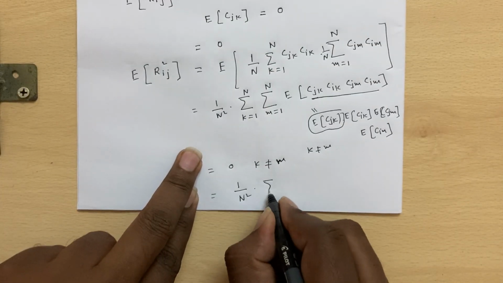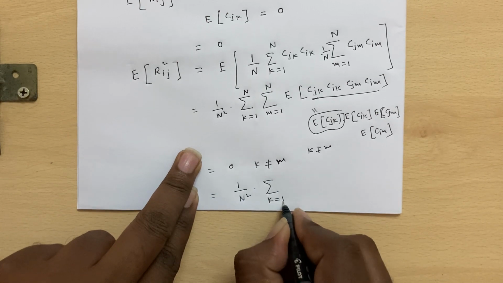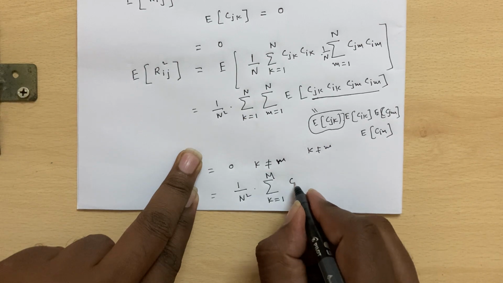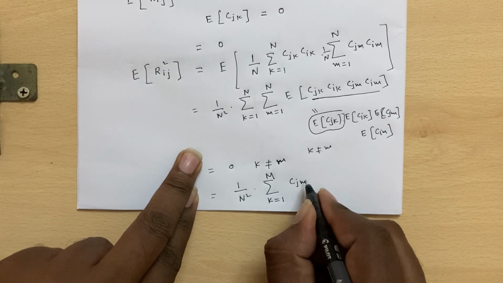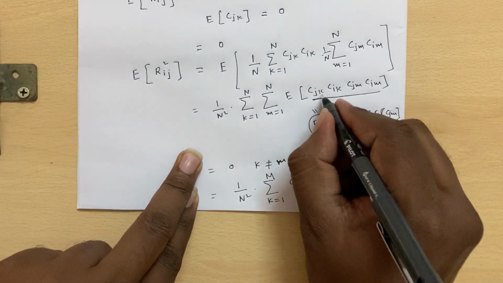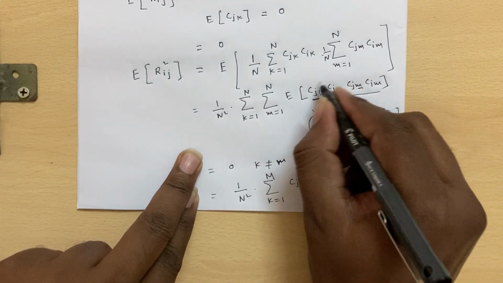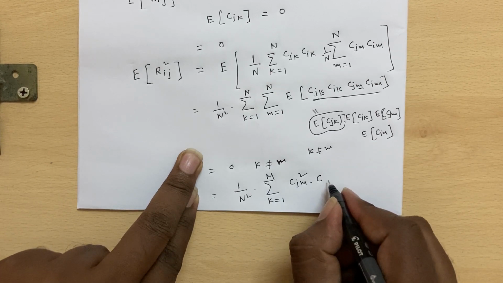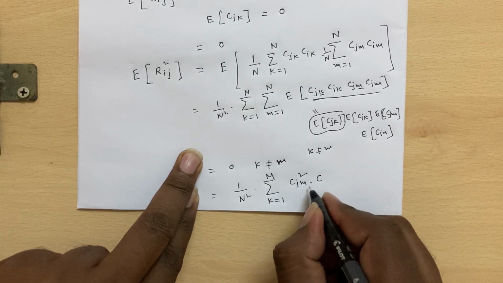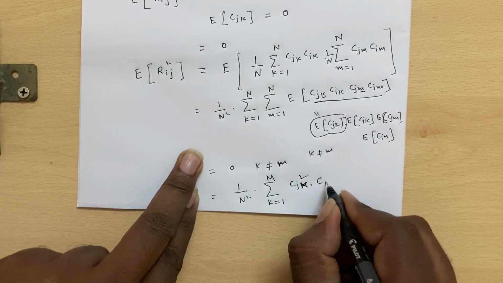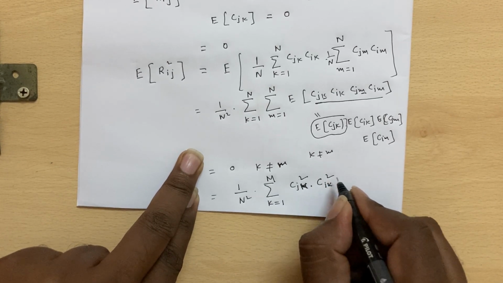There will be only one summation, k equal to m, and it is Cjm square into Cjk square, because k equal to m, and Cik square.